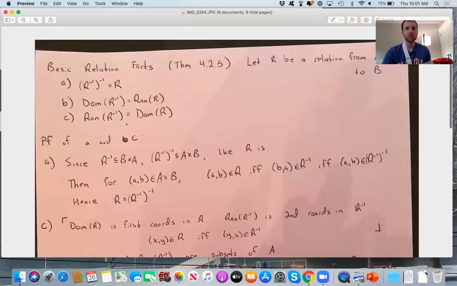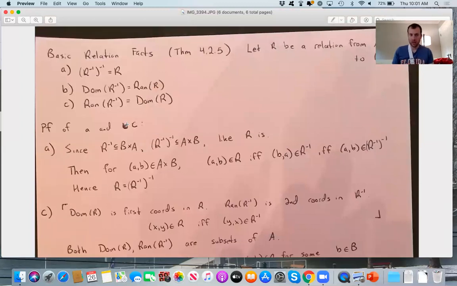So let's talk about what some proofs involving these relations look like. In the textbook, there's a theorem, theorem 4.25, establishing some basic relation facts. It says that for a relation R from A to B, the inverse of R inverse is R, the relation you started with again.